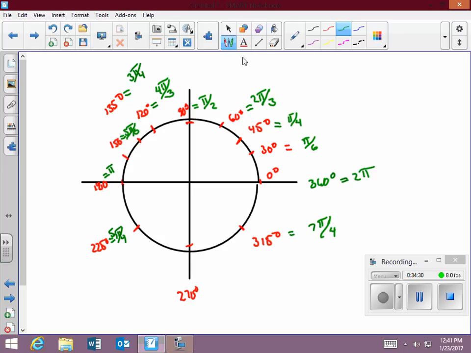So that's your radian measurement. And if you remember from trig, degrees is a specific unit, but radians is a pure number. Radians does not have units to it, although you might say it's radian, but it can be laid out on any circle.